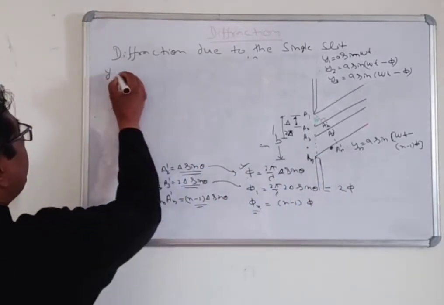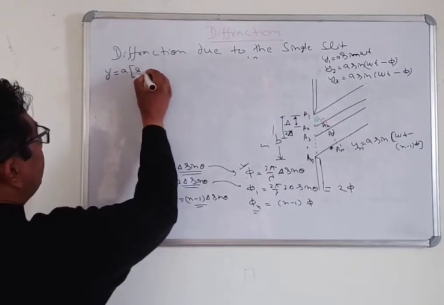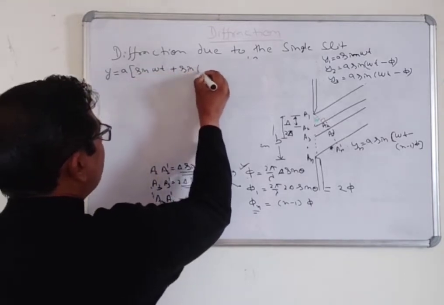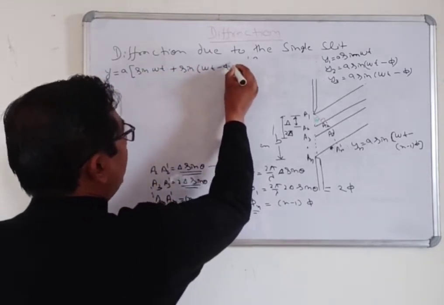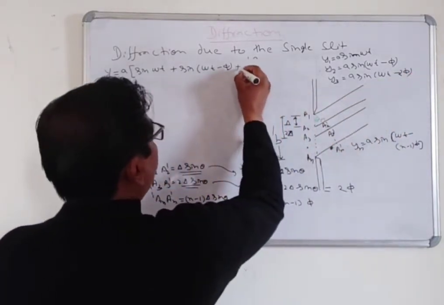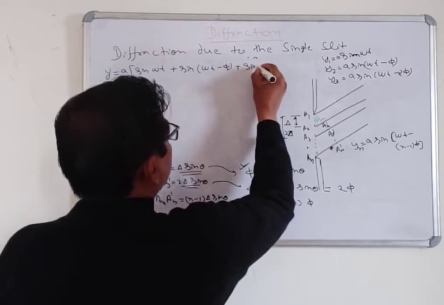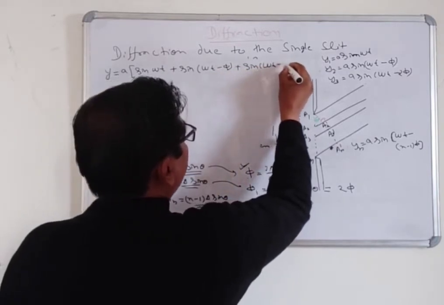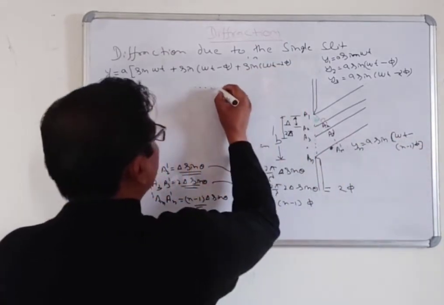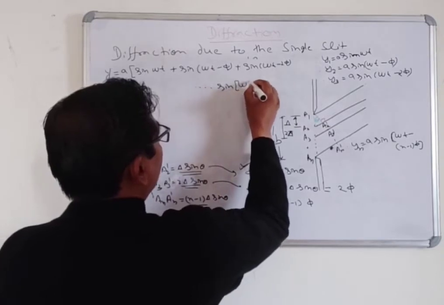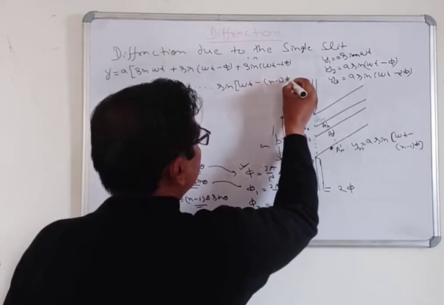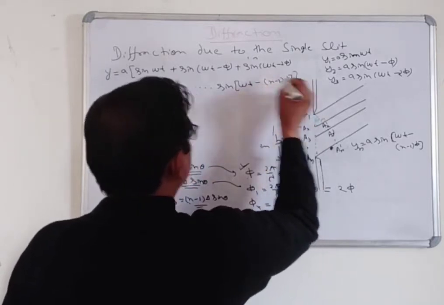Now the resultant wave y is equal to A sine omega t plus A sine omega t minus phi, plus A sine omega t minus 2 phi, up to A sine omega t minus n minus 1 phi, like that.